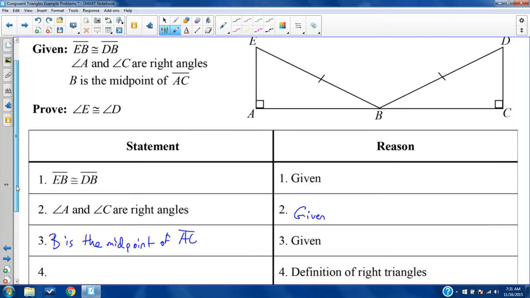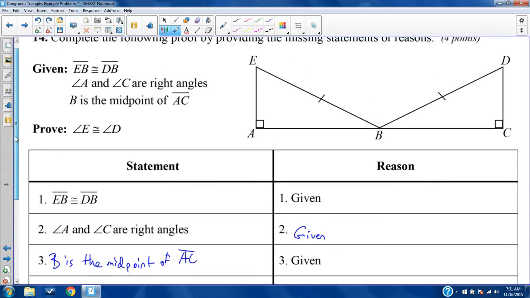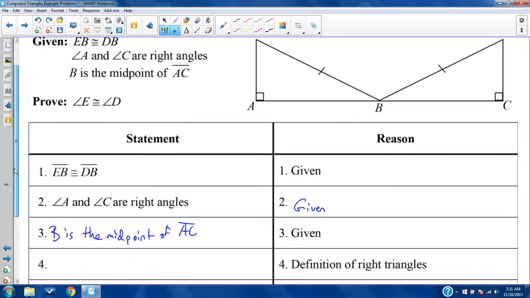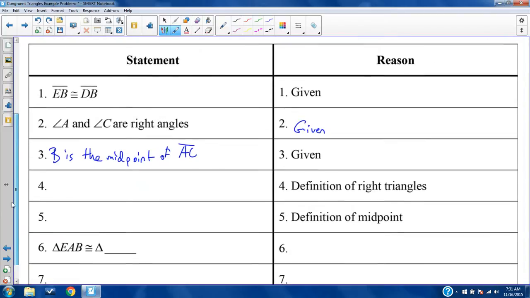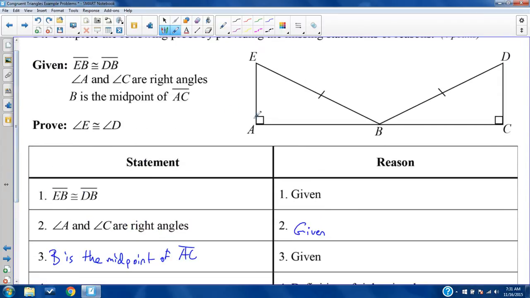Okay, statement number 4. Definition of right angles. Well, what's true about right angles? All of them are equal to 90 degrees. Okay, that could be one thing we could say. I figure since they're already going to the triangle congruence statement here, and this one's regarding segments, maybe it's important to say that angle A is congruent to angle C at this point.